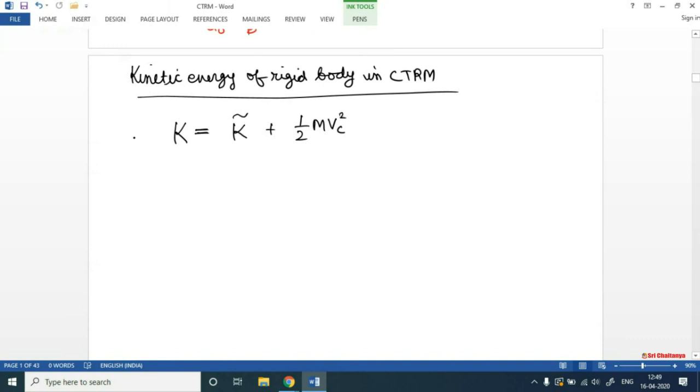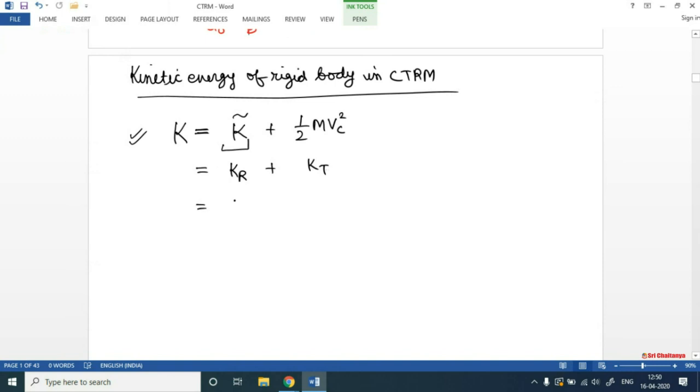We have already learned and derived this expression in previous classes. Basically, the motion of a rigid body about an axis passing through the center of mass, or in the C frame, is of purely rotational form. So this would be the rotational form of kinetic energy, and this would be the translational form of kinetic energy.